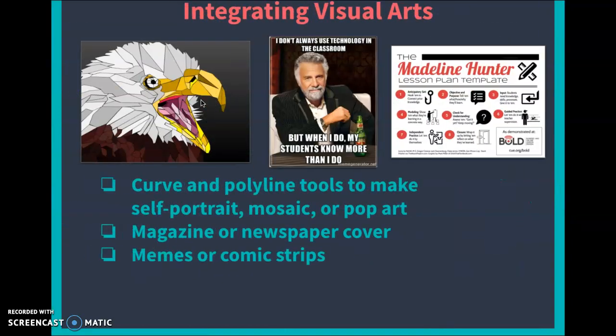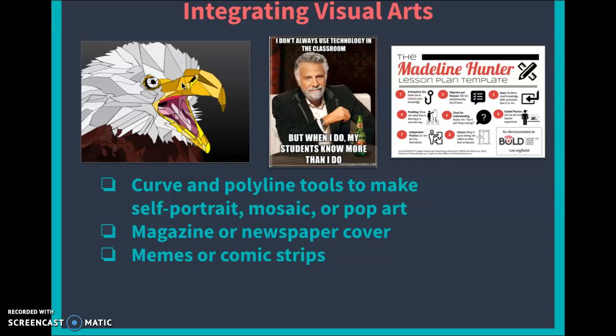And then lastly here, I just wanted to mention integrating visual arts. This one specifically really does apply across the board and can be used regardless of age or content area in which you're teaching. So when we look at the ability in Google Drawings with the curve and polyline tools, you can have students make self-portraits. You can have them make a mosaic like this one here on the left. Have them create pop art.